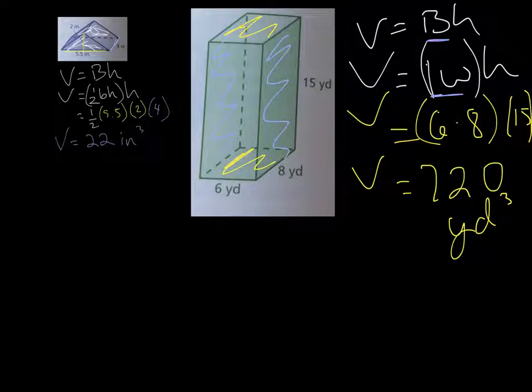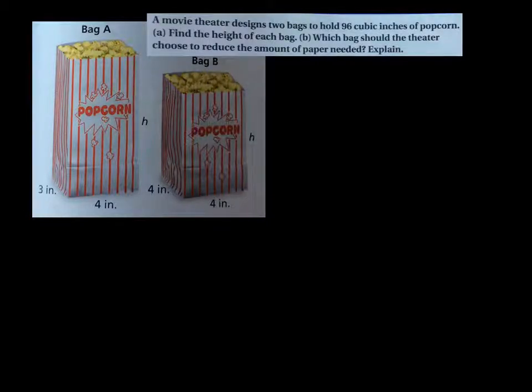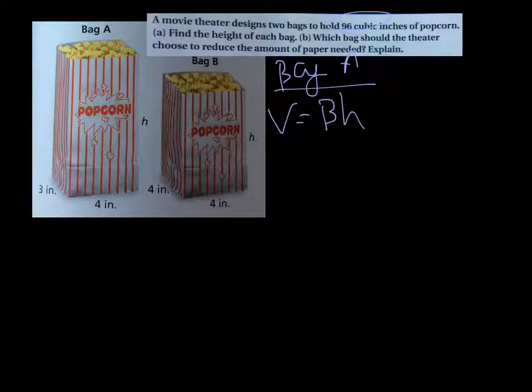Okay, and now let's look at a real-life application problem. A movie theater designs 2 bags to hold 96 cubic inches of popcorn. So there's our volume measurement right there, 96 cubic inches. A, find the height of each bag, and B, which bag should the theater choose to reduce the amount of paper needed, and explain. So let's start with A. Let's find the height of each bag. For bag A, we have volume equals big B times height.